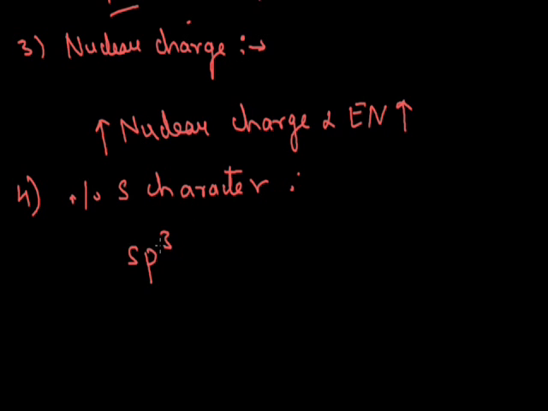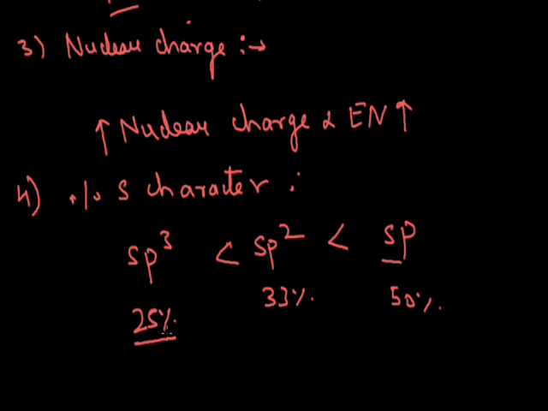For example, if we consider hybridizations like sp3, sp2 and sp, and consider the order of EN, then sp will have the greatest percentage s character, that is 50%. So it will have the highest EN. sp2 will have slightly less s character, that is 33%. So it has less EN than sp. And sp3 has only about 25% s character. So it has less EN than sp2.